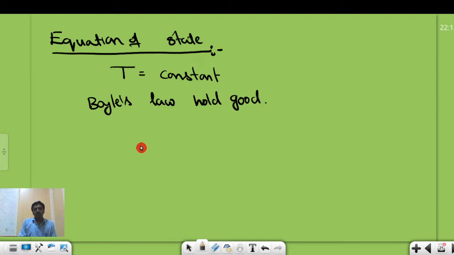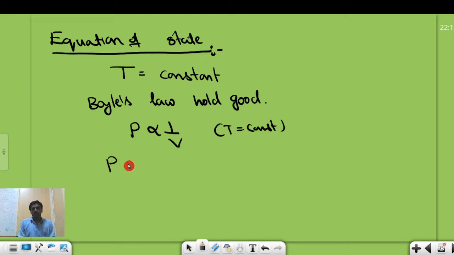That means the process obeys Boyle's law. What does Boyle's law say? P is inversely proportional to the volume of the gas at constant temperature. The pressure of the gas is inversely proportional to the volume of the gas at constant temperature.